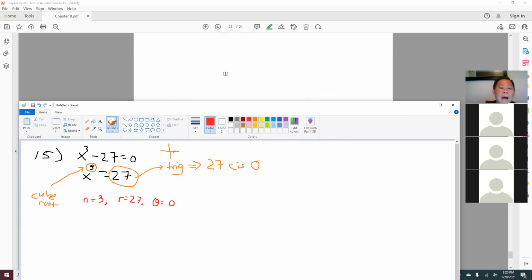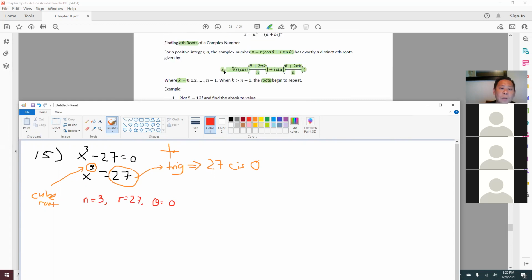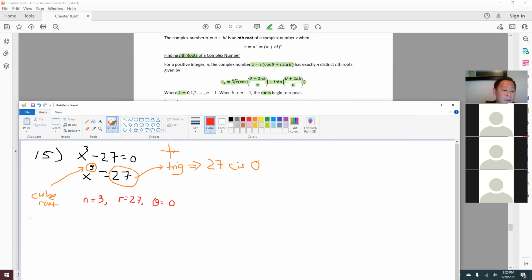And then you apply the nth root formula. So z_k in this case will be the nth root of r, which is the cube root of 27, CIS of 0 plus 360 degrees k over 3. We're going to use degrees because it makes your life a bit easier.